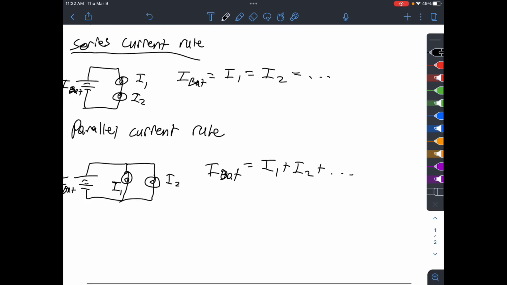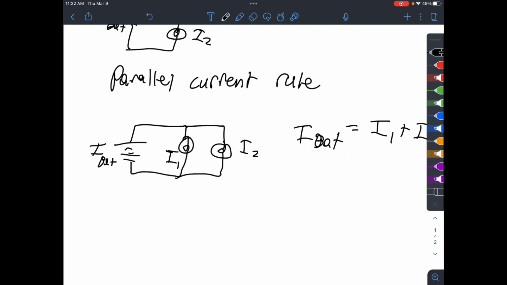Another good thing to point out here is that in a parallel circuit, for example, we have something called a junction, which is right here, where there tends to be a split in path. We have some current going through this loop, and then some of that current continues on to go through the other bulb.